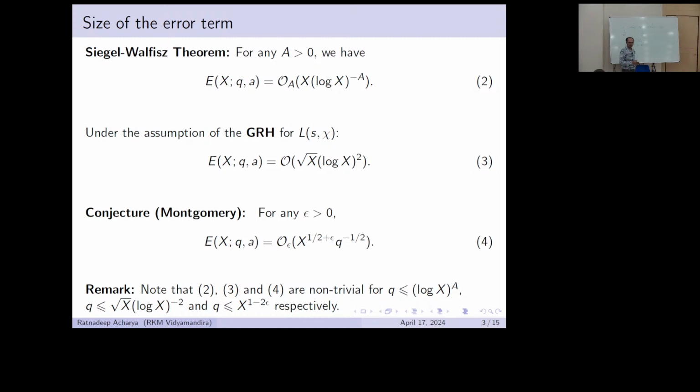So the range of q tells us that 3 is stronger than 2, and 4 is stronger than 3, right? But unfortunately 3 and 4 are conditional and conjectural. They are not known. So far we know only 2. But we can improve this if we consider an average over the modulus. So what is that?